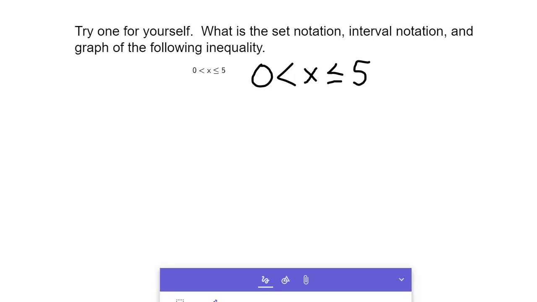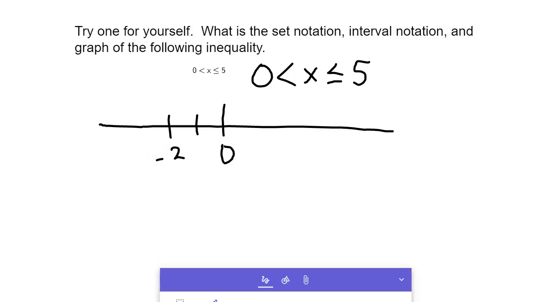So for my number line again, here's my 0. Here's a couple in the negative. There's negative 2, 1, 2, 3, 4, 5, 6 maybe. We'll go on just a little further. And so when we graph this thing, we start at 0. So x is greater than 0. I always read from the x. X is greater than 0. And x is less than or equal to 5.